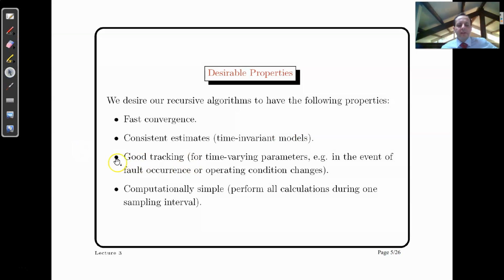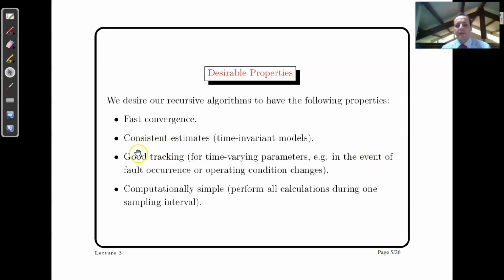The third requirement is good tracking. When something changes in your process, your time-varying estimates need to be very quick and go to the value, near to the value, of your system.